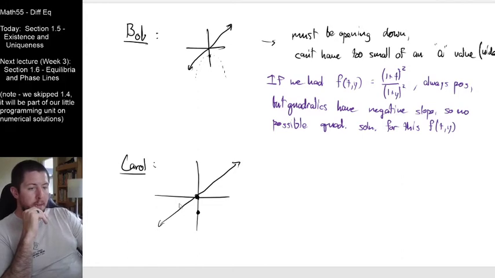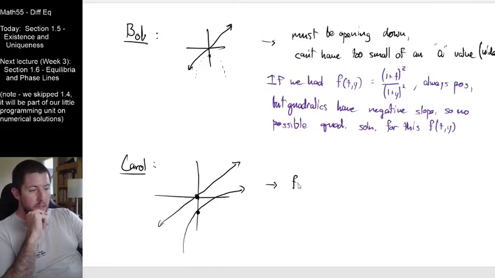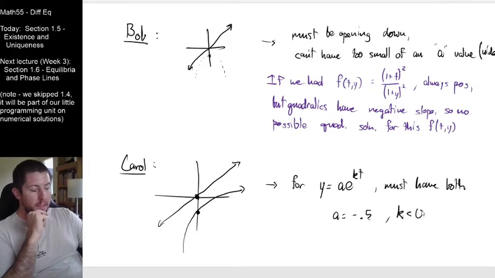Now, it can't be some exponential that does our traditional exponential decay or growth like this, because any exponential will eventually grow faster than linear, whether it's growth or decay. But maybe I could do one of these guys right there. So it looks like for y equals a e to the kt, we must have both, well, I guess a equals negative 0.5 and k needs to be less than 0.